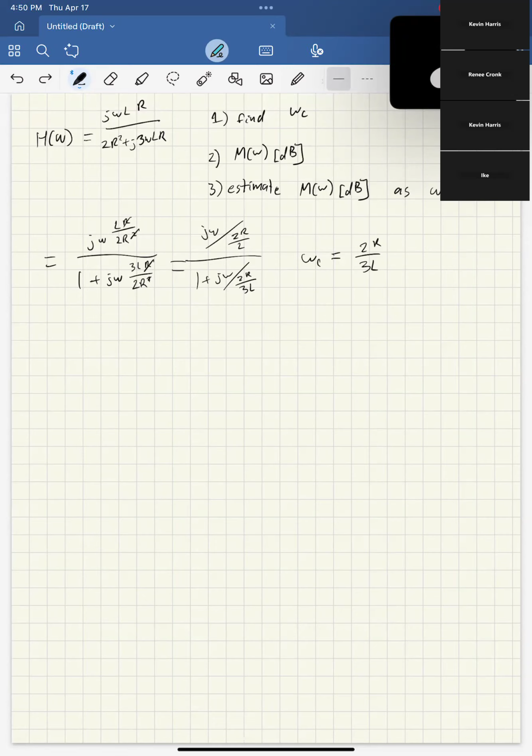Part two, find the magnitude. So we have it in this nice form now. If we do the same thing we did last time, 20 times the log of H of omega is equal to 20 log.